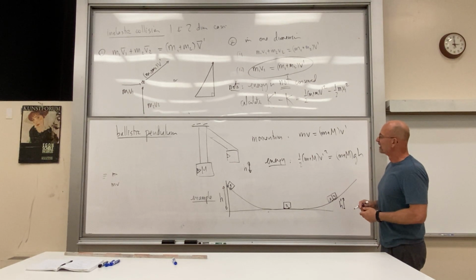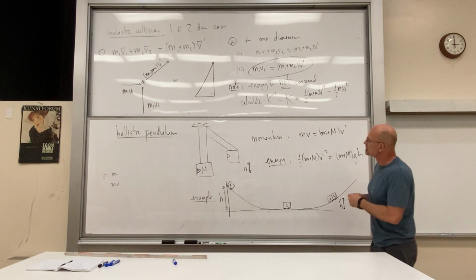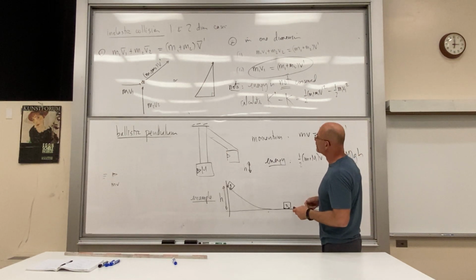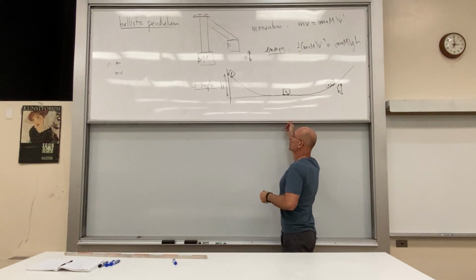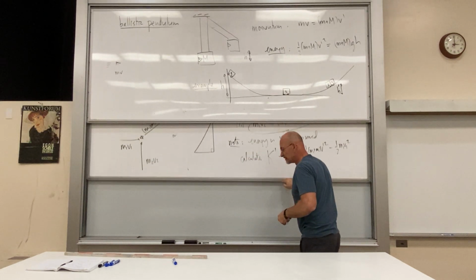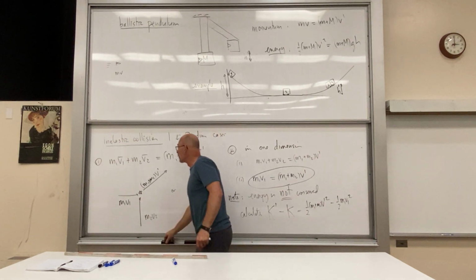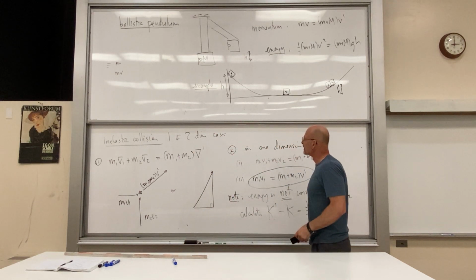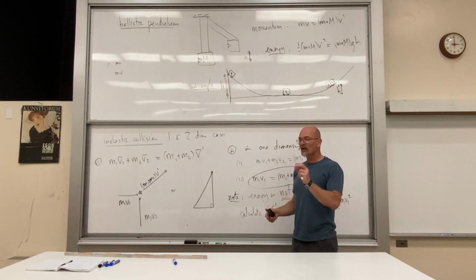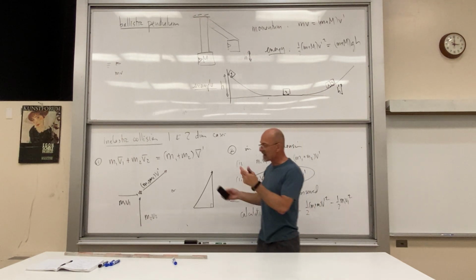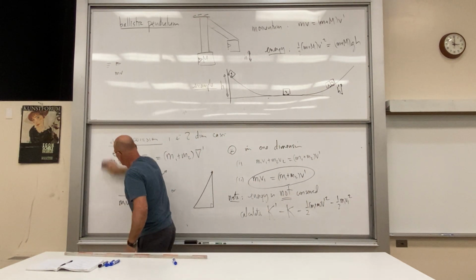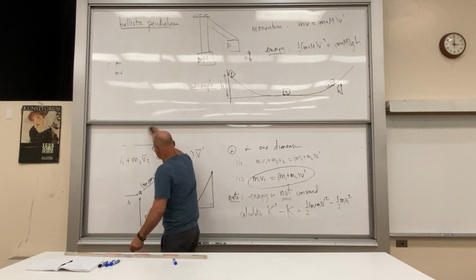Ballistic pendulum problems. There's a third version of this that's really interesting, and it was in the book. If you fire a bullet at some object and it goes through, it keeps moving. That's not impossible, right? So let's analyze that.